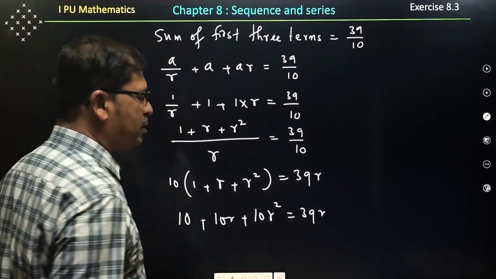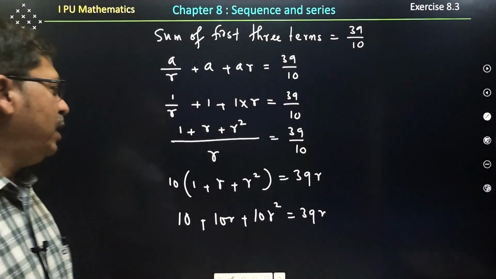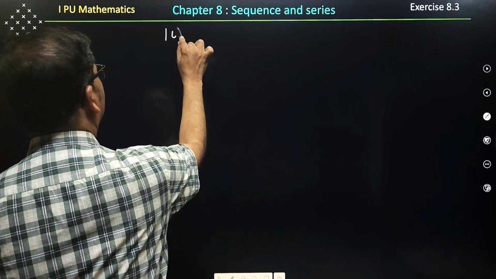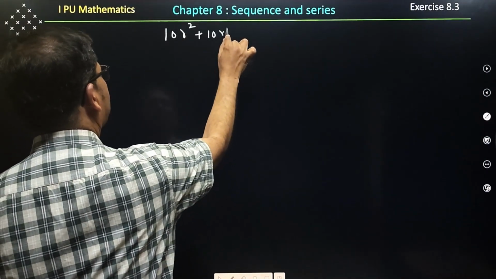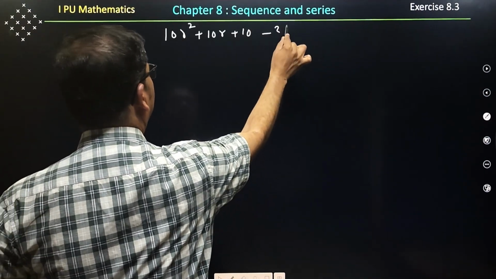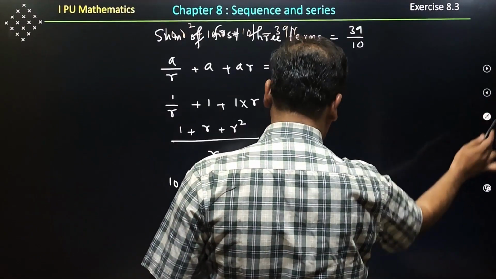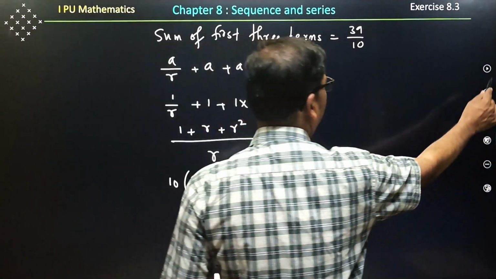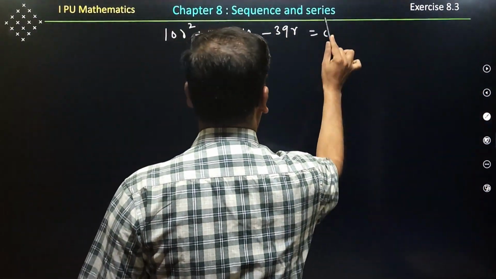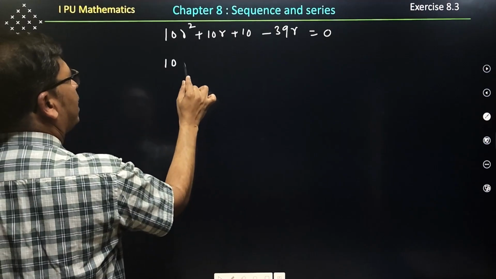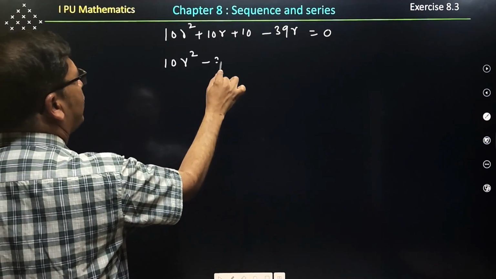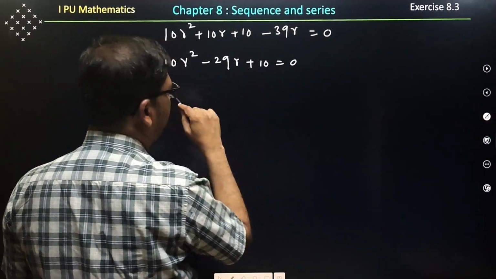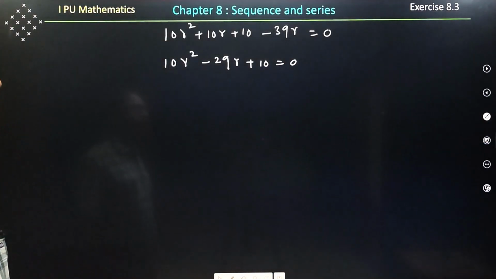Take 39R to this side and then write the terms. 10R square plus 10R plus 10 minus 39R. Just observe here. 10R square plus 10R plus 10. Take 39R to this side, minus 39R is equal to 0 here. So 10R square as it is. The difference is 29R with negative sign and then plus 10 is equal to 0. Now it is purely a quadratic equation in R.